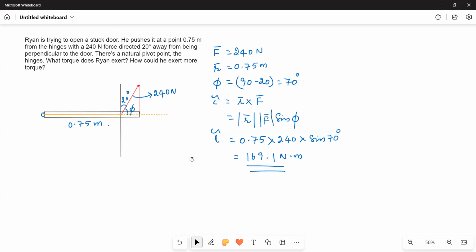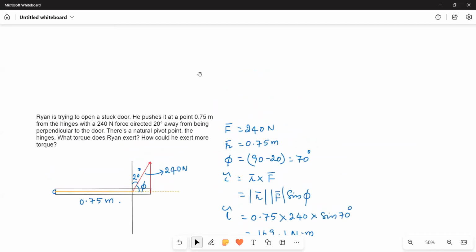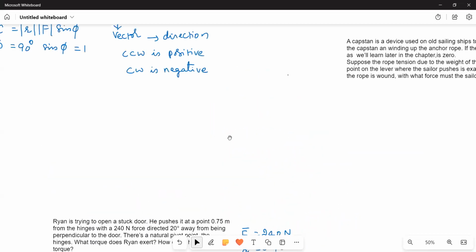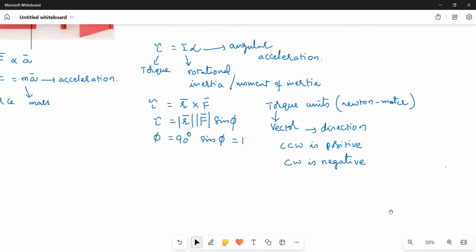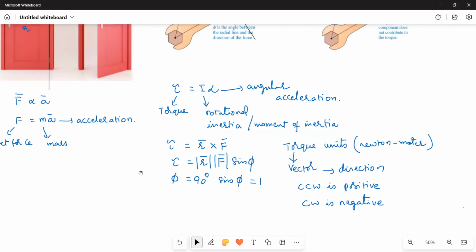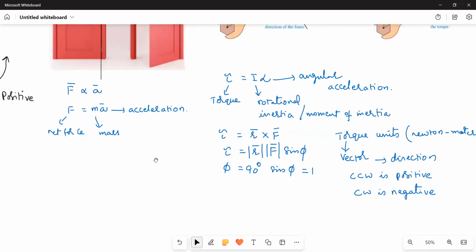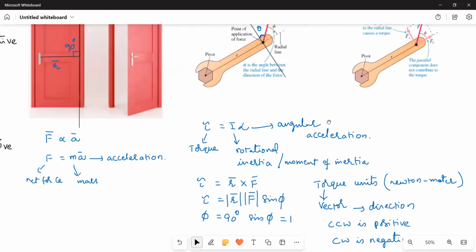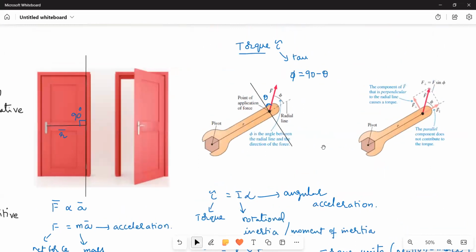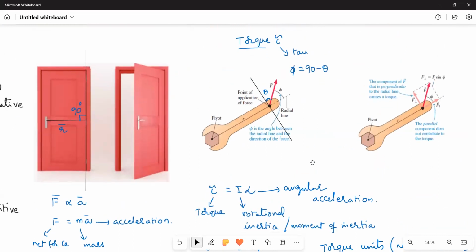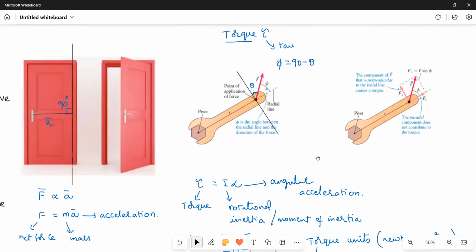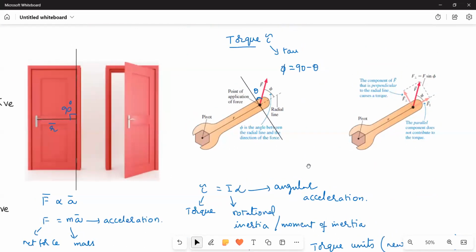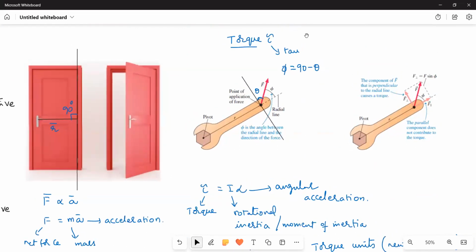So this is how we can do the problems, and this is the concept of torque. Torque is the rotational equivalent of the force. Hope this helps. Thank you. Bye bye.